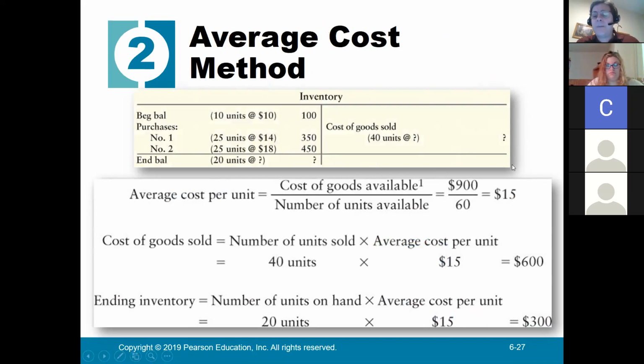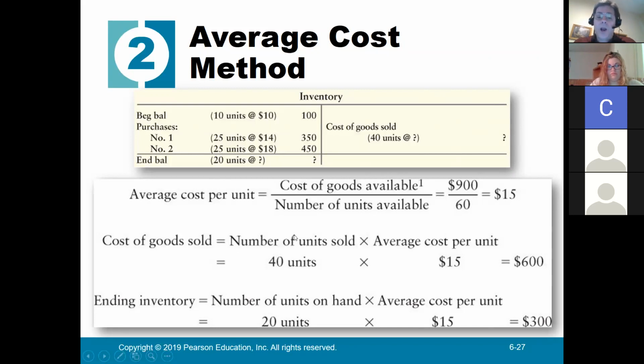You would divide that by the number of units. Notice we're not taking 10 plus 14 plus 18 and dividing by 3. That's how we're used to doing averages, right? This is a weighted average. We take the cost, 900, divide by 60, and lucky for us, it ends up being a nice round 15 bucks.